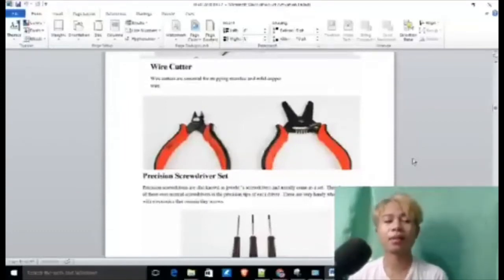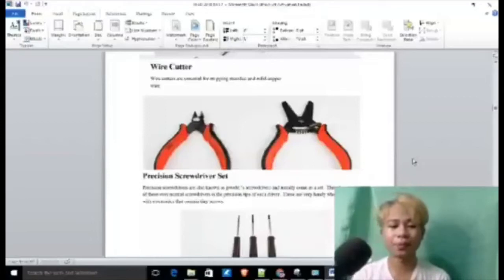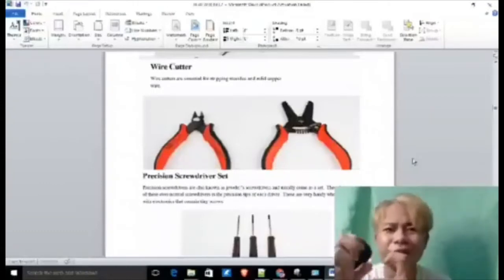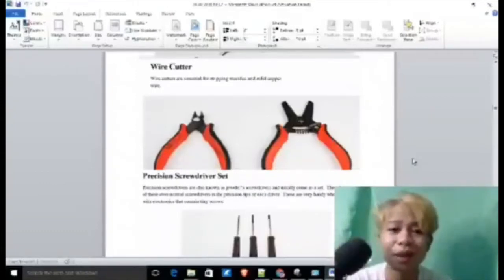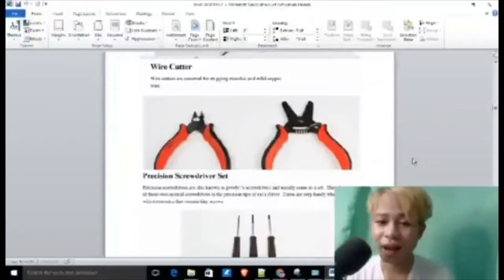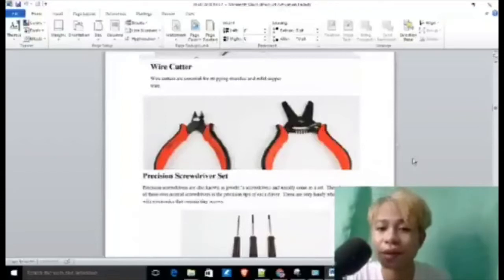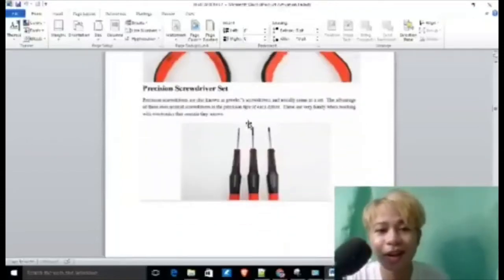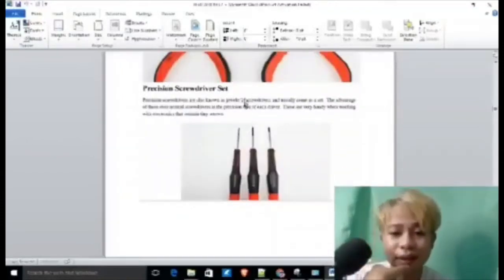Yeah, it has a lot of purposes, and has a sharp edge to cut the cable wire. But for this kind of tool, they only have a picture, so it's on a person's hand. Okay, so, precision screwdriver.